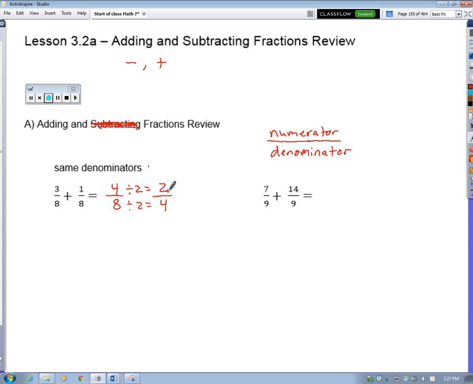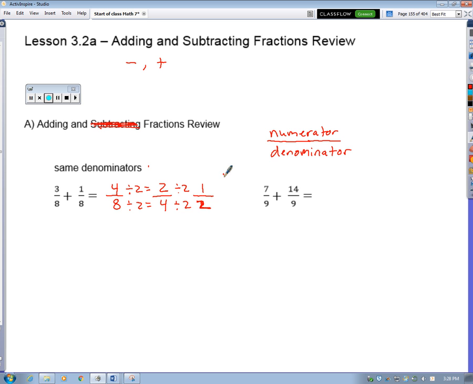I can simplify this again. I can divide them both again by 2 because they're both even, and we have to keep simplifying until we can't divide them anymore. 2 divided by 2 is 1, 4 divided by 2 is 2. I almost made that into a 4, but it's a 2.